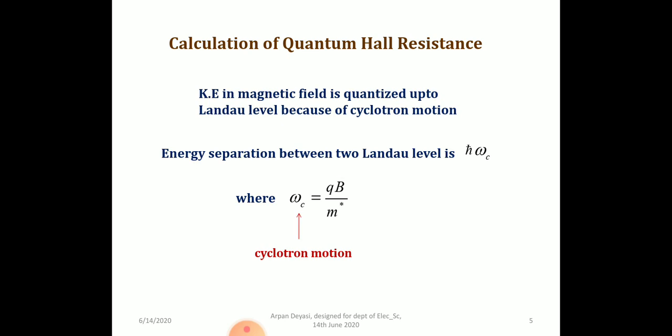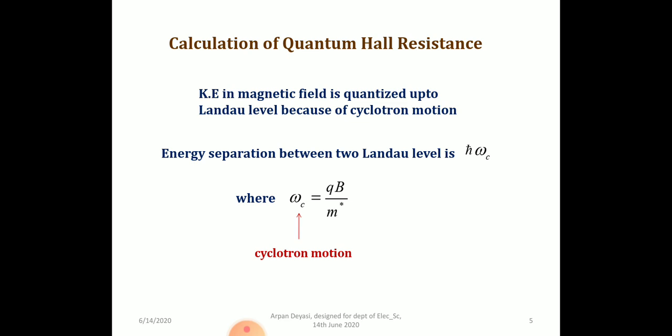then the kinetic energy, you know, in a magnetic field the kinetic energy is quantized up to the Landau level. Why? Because you are familiar with the cyclotron motion, and up to the Landau level all the carriers are filled, so the kinetic energy is filled up to that.